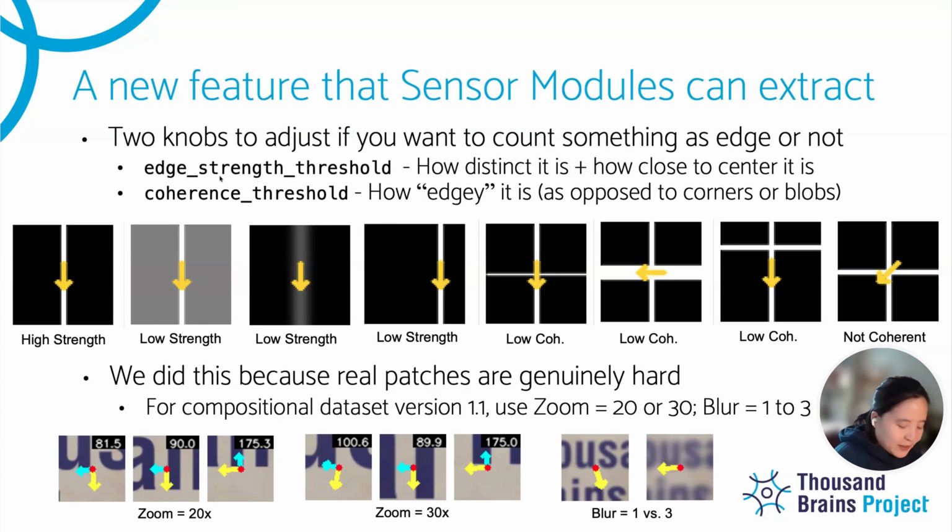The reason it's invariant is that one of the earliest steps of the algorithm is converting the RGB to grayscale. So it just depends on the intensity change in grayscale. It doesn't matter what the actual color is.